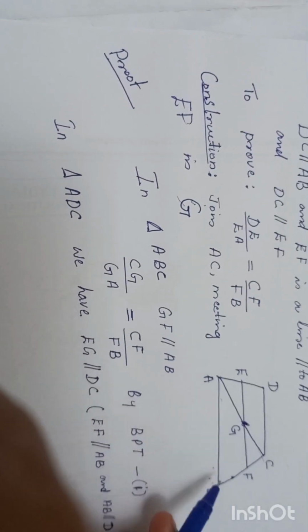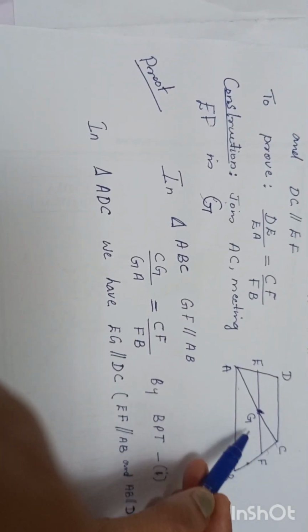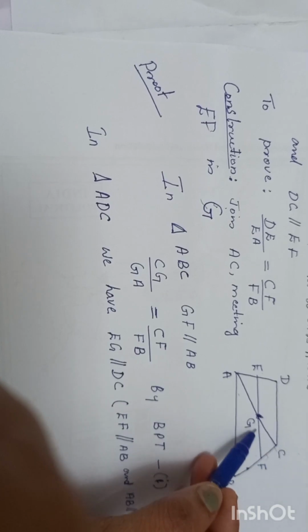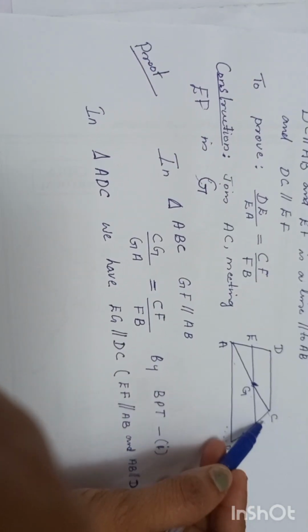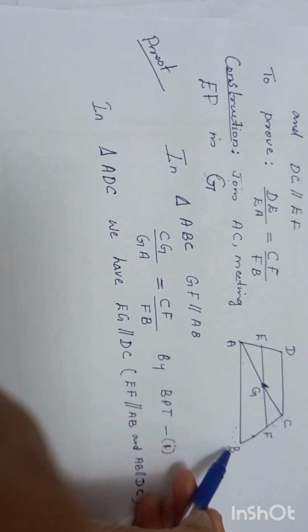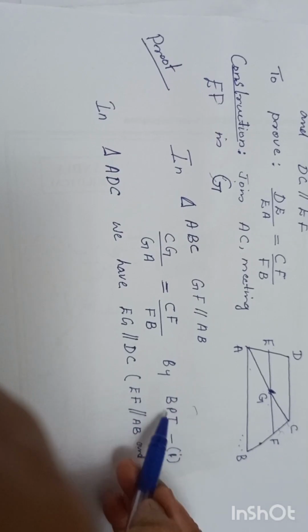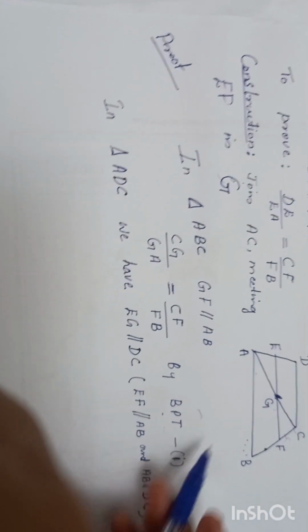Then consider this triangle ABC. CG by GA is equal to CF by FB. What is the reason? By basic proportionality theorem, BPT, we write this as equation 1.